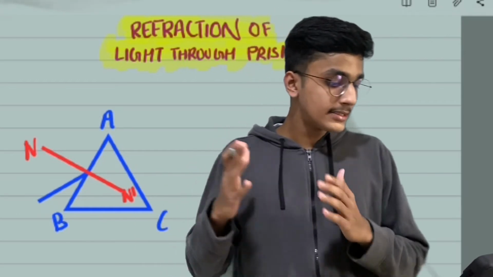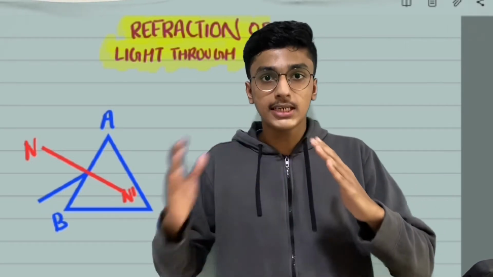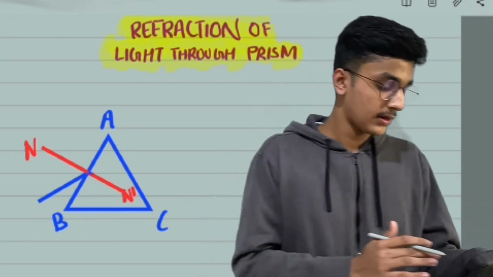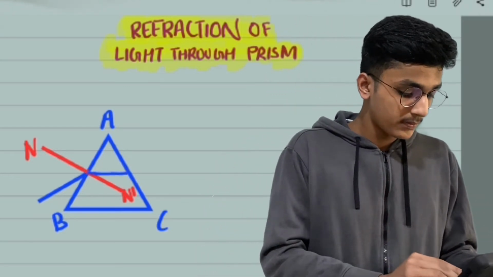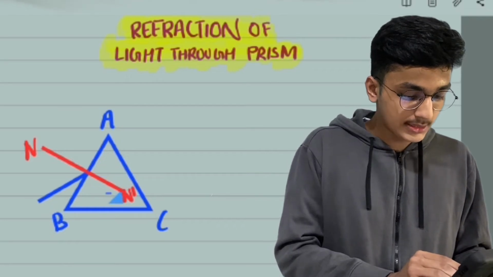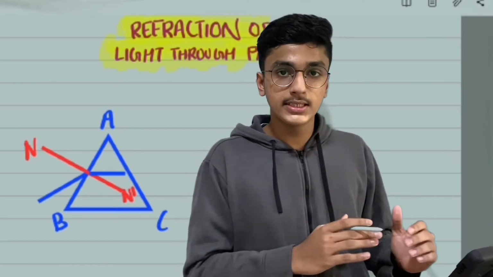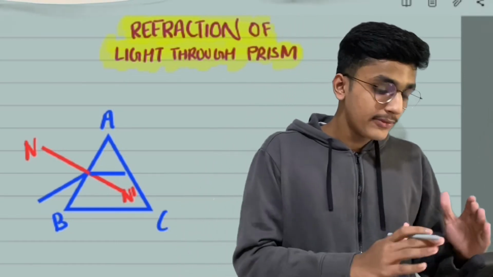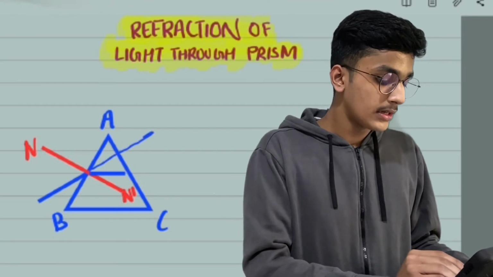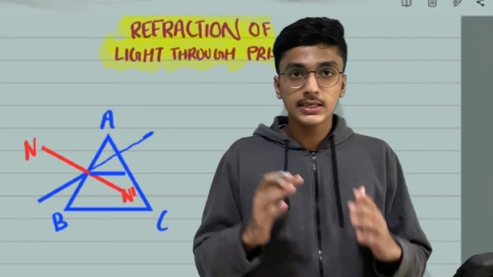So when light passes from a rarer medium to a denser medium, it deviates towards the normal. We can observe over here, it's deviating towards the normal. When it deviates towards the normal, it moves away from the original path of the incident ray.